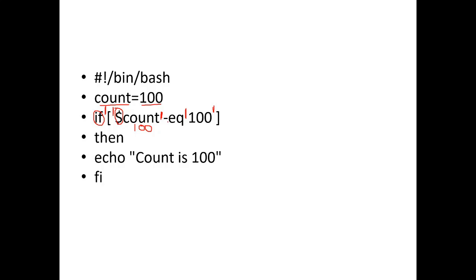Now we are checking whether the value stored in count is equal to 100. Yes, in count we have the value 100 and it is exactly equal to 100. That means the condition is true, so it will display on the screen count is 100, and this is the end of the if statement. When you are using the if statement, just keep in mind the spaces must be there, otherwise it gives an error.